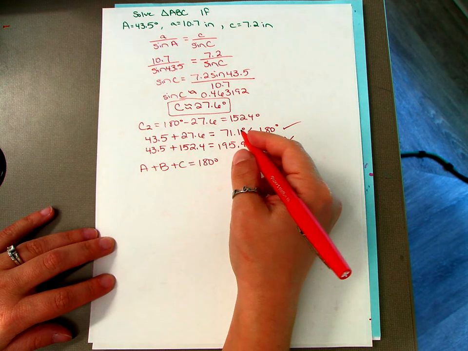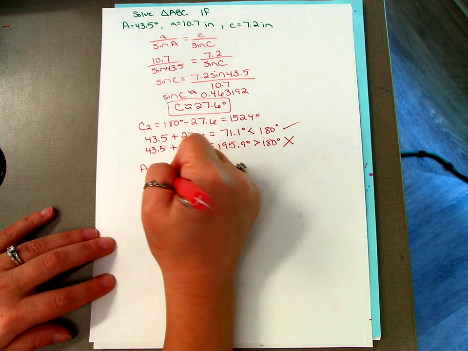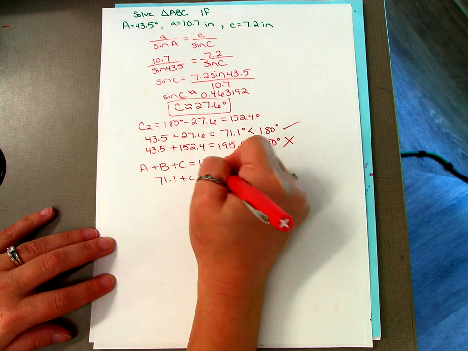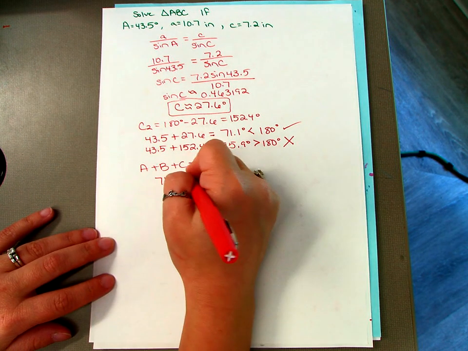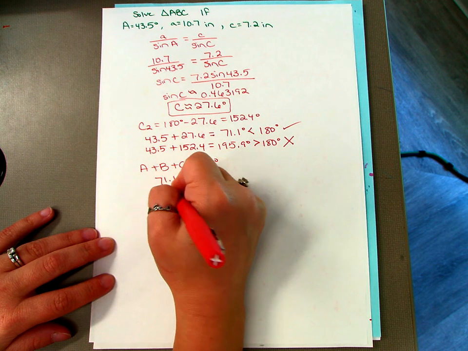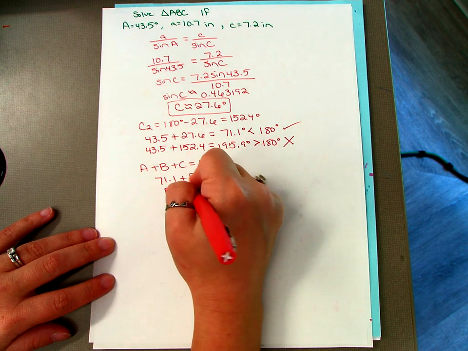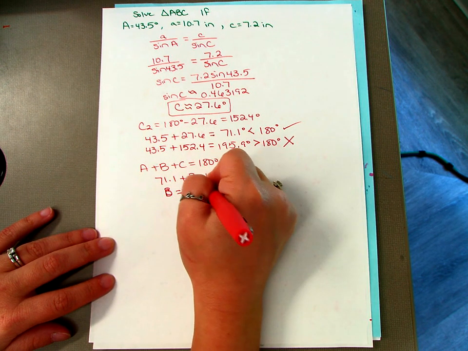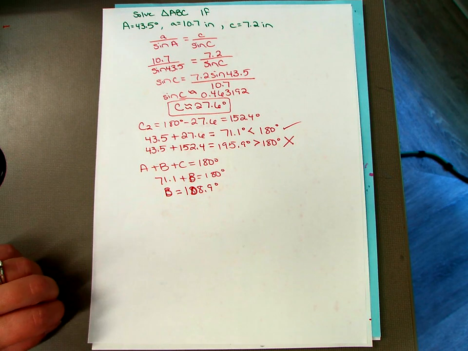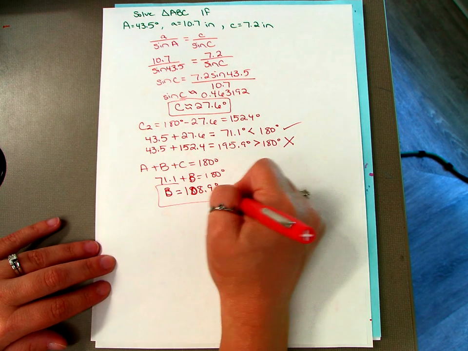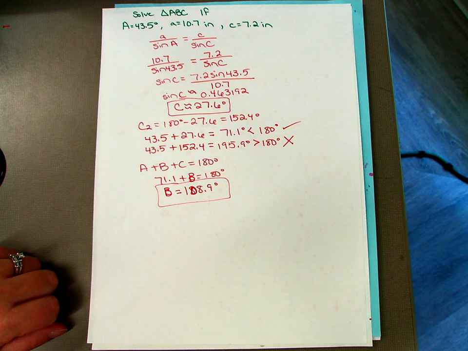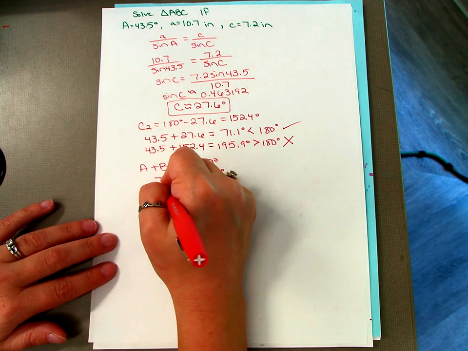So I take 180 minus 71.1, and I find that angle B is 108.9. So this is one of our obtuse situations. Now we know angle A, angle B, angle C. The only thing we're missing is side b.